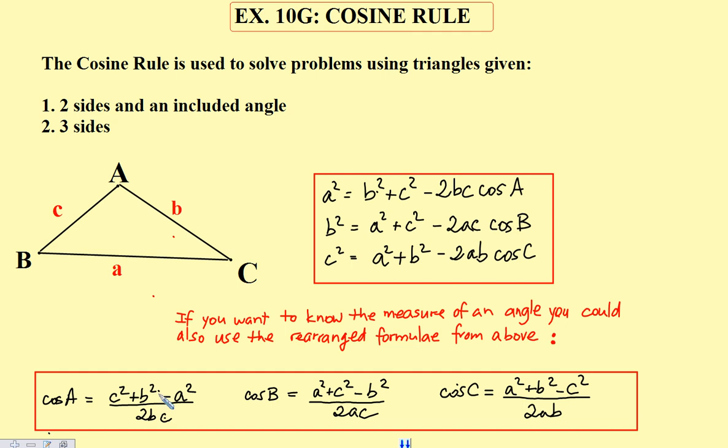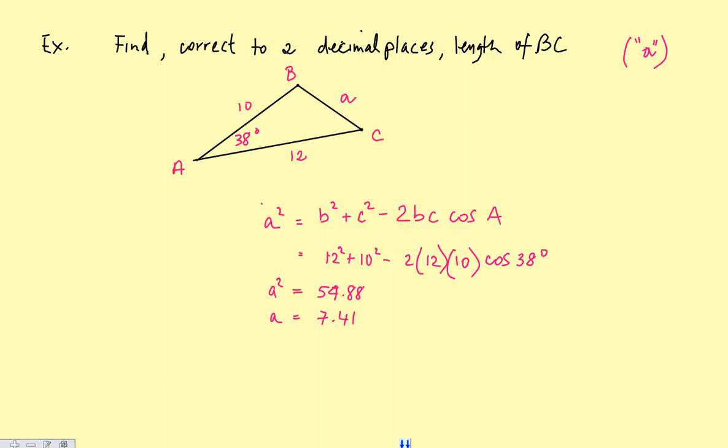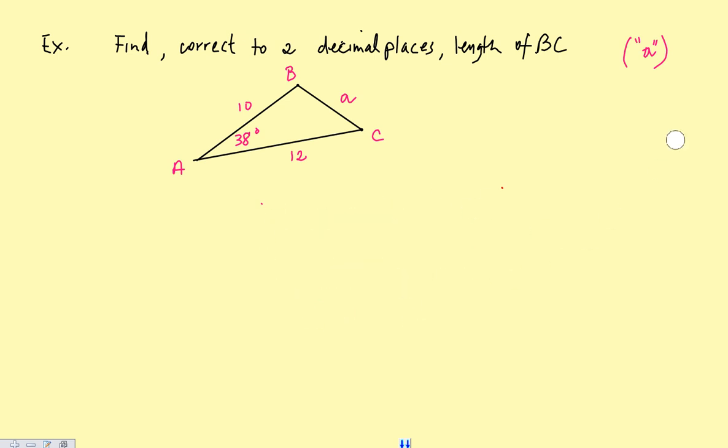Alright, moving on, let's start doing the first example. The first example tells us that we've got triangle ABC, and we are looking for the length of BC. I don't even need the letters, but we could leave them in.